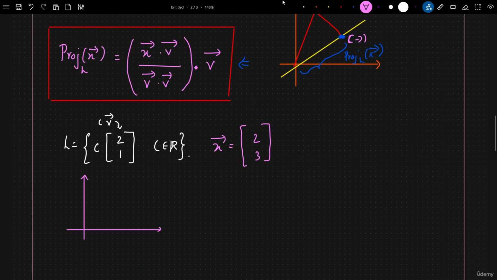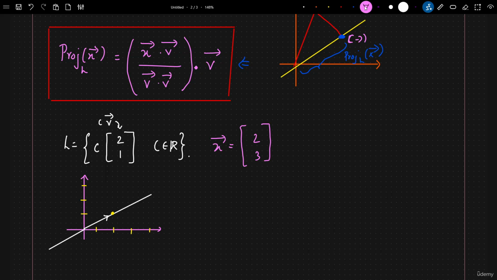Here 2, 1 is nothing but this specific point, on the axes 1, 2, 3, 4. If I multiply by a scalar value, this gets extended like this. So right now let's consider this as 2, 1.